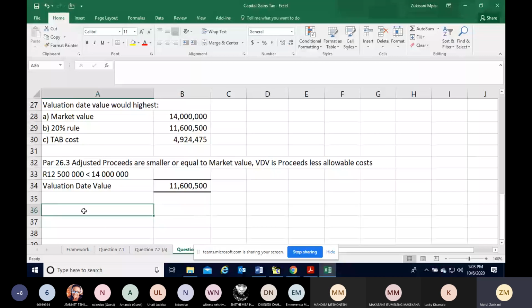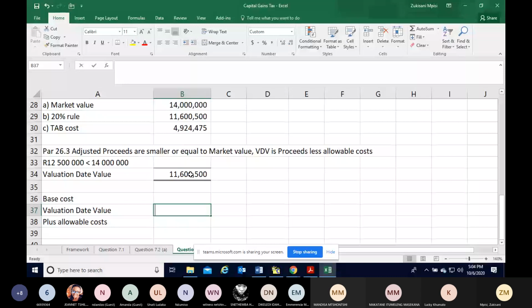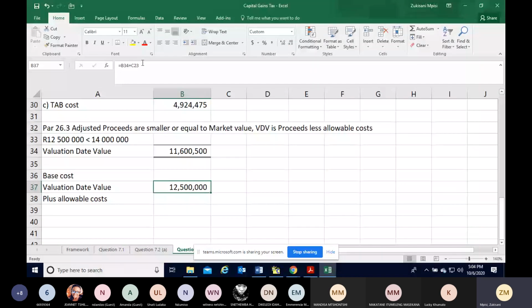Right? Then to calculate the base cost, because now we have the valuation date value, it becomes the valuation date value plus allowable costs, which is cost incurred after the 1st of October 2001.